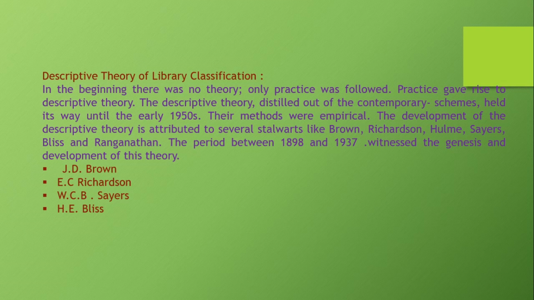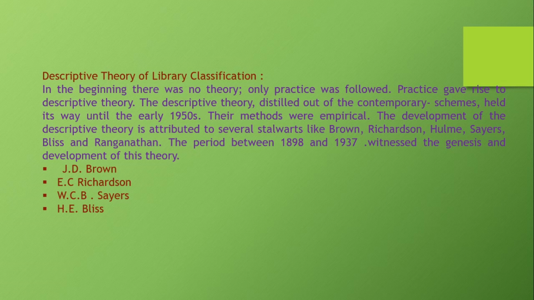Descriptive theory of library classification. In the beginning, there was no theory, only practice was followed. Practice gave rise to descriptive theory. The descriptive theory distilled out of the contemporary schemes held its way until the early 1950s. Their methods were empirical.